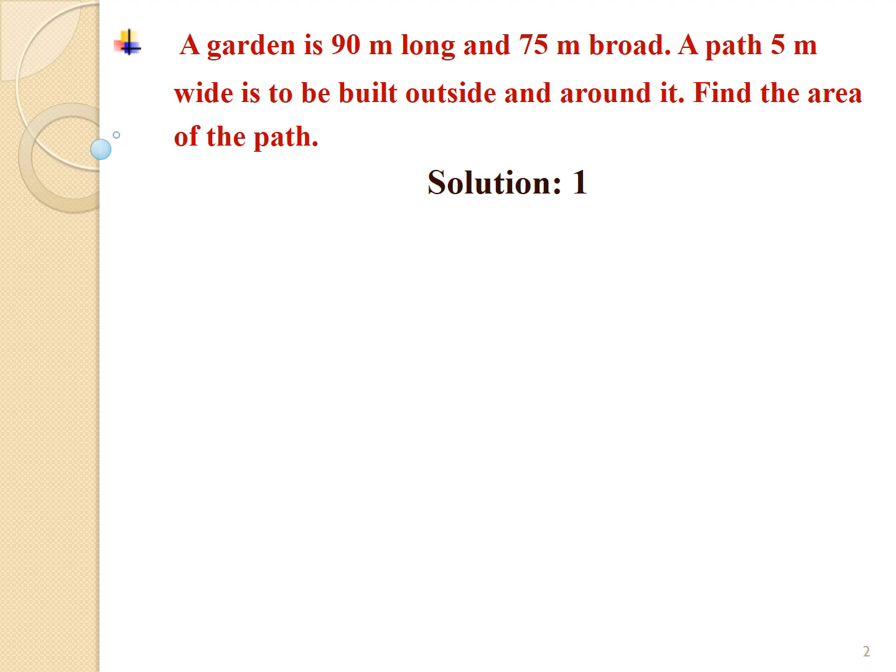Students, also note that a rectangle has 2 times length and 2 times breadth. Thus, by adding 5 into 2, or 10 meters, to the length of the rectangular garden, we will get the new length, that is, the length of the rectangular garden including the path.